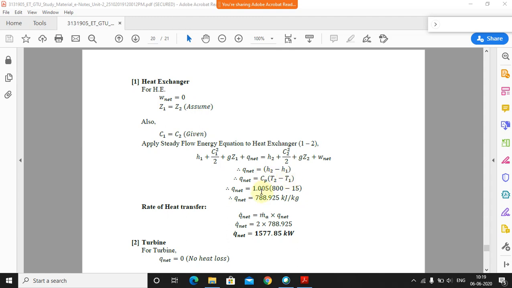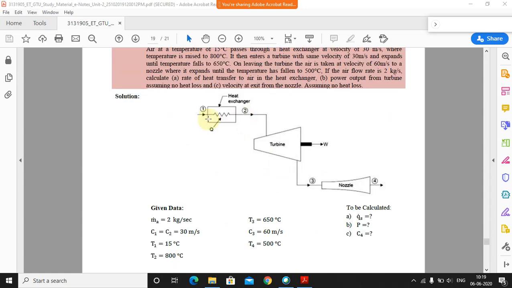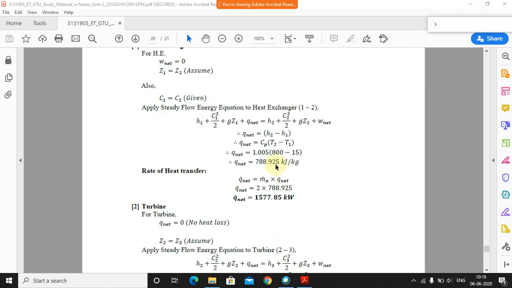The specific heat value is 1.005, a standard value. T2 is given as 800, because when the steam is entering this heat exchanger the temperature is 15, while leaving it is 800, so it is 800 minus 15.